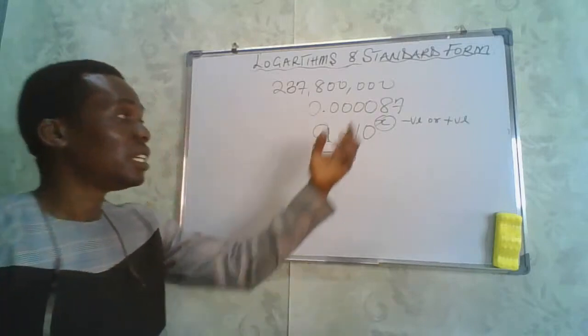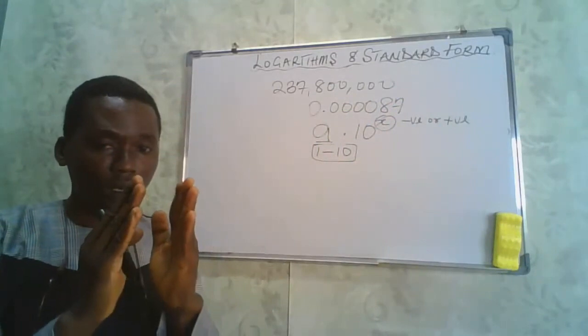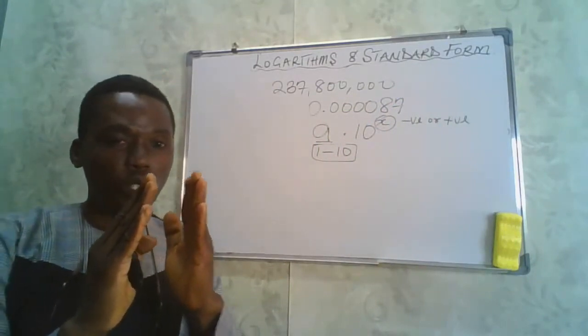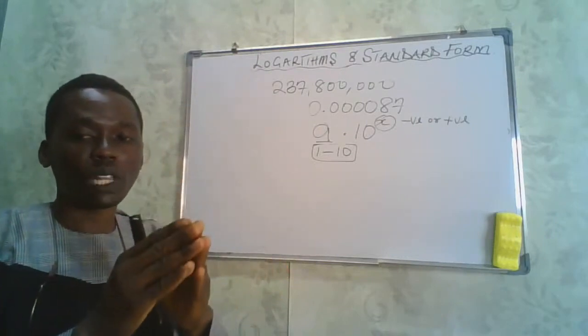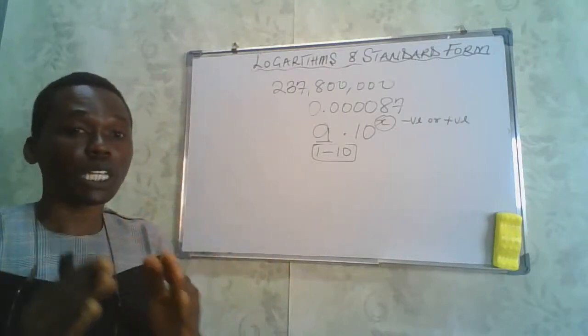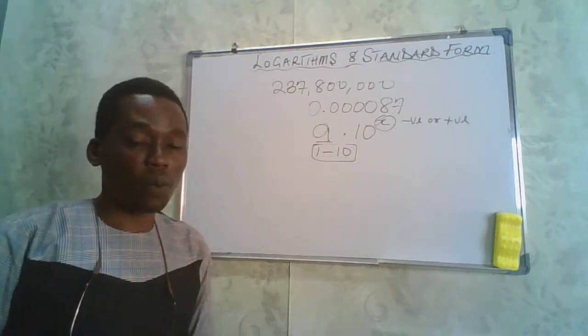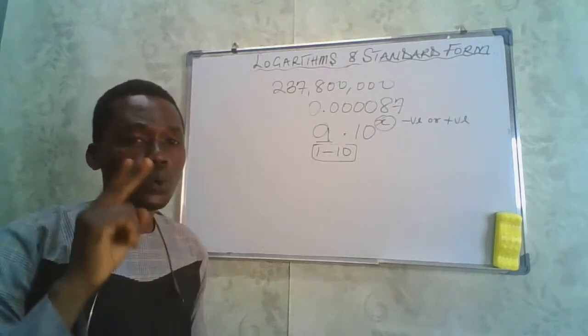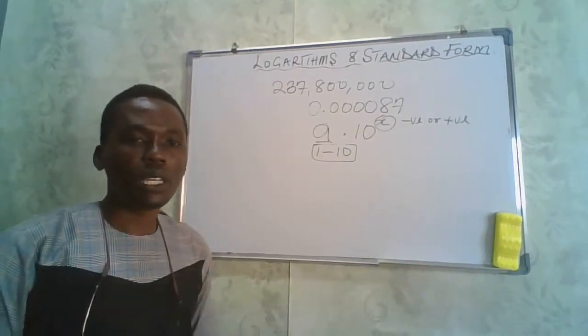So if I write this kind of numbers into this form, I've simply reduced that number into a smaller term that is readable. Now, when dealing with standard form, I want you to note two key points.